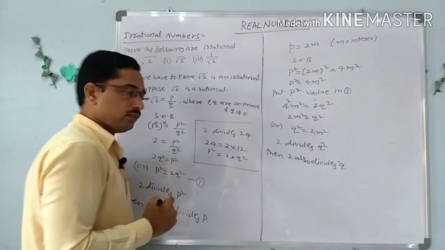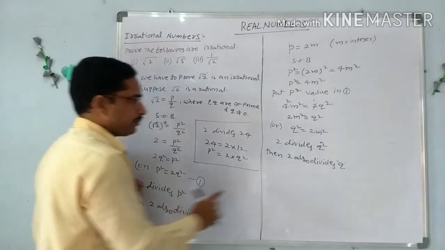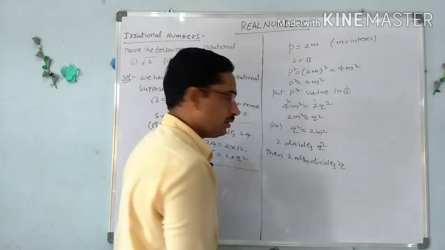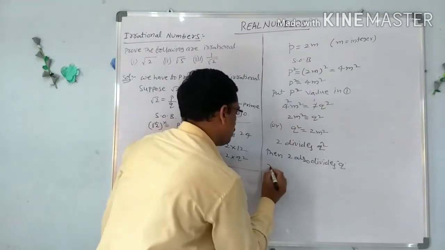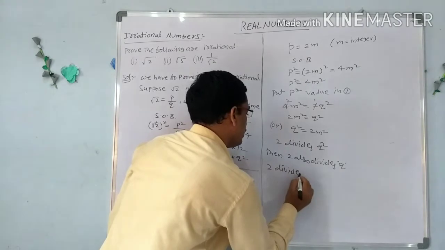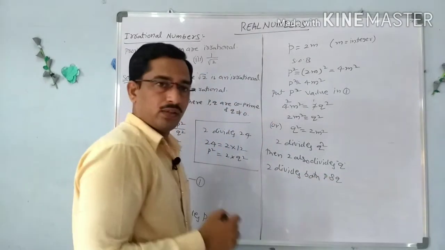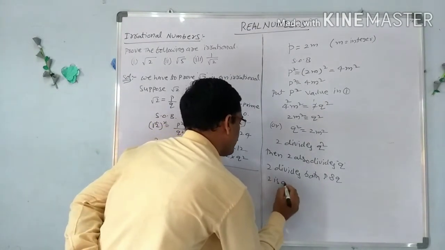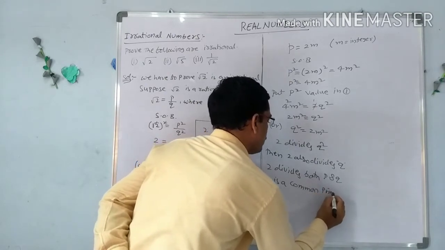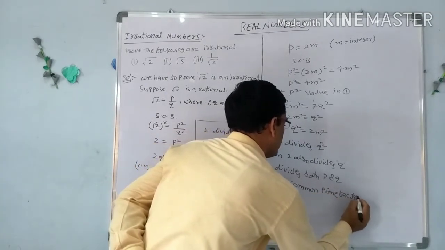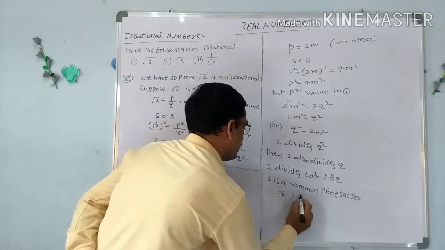So 2 also divides p, and 2 also divides q, which means 2 divides both p and q. So 2 is a common factor of p and q.